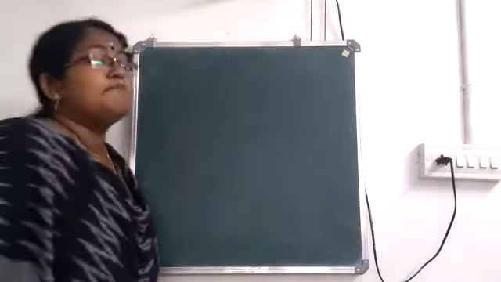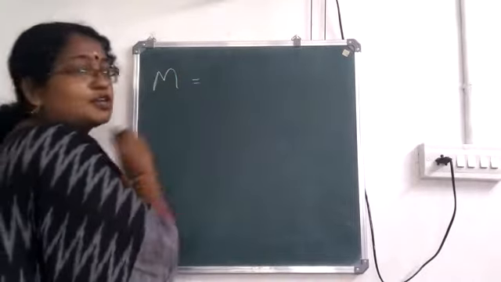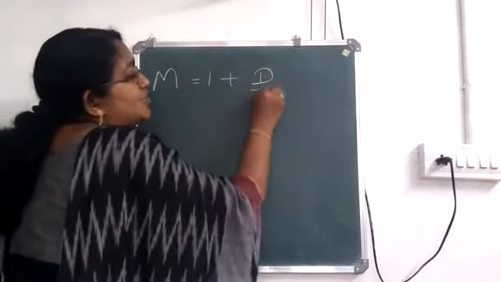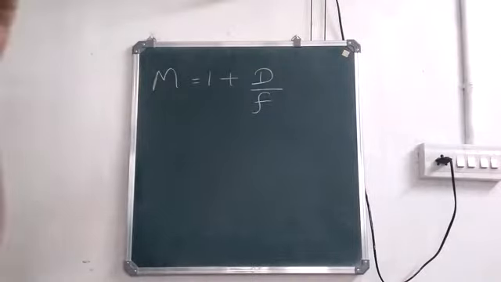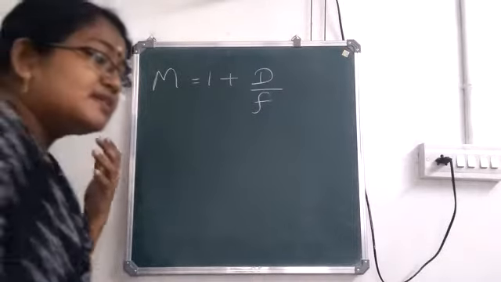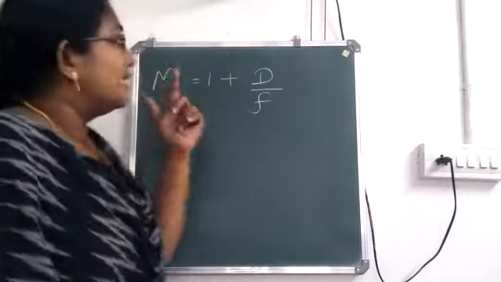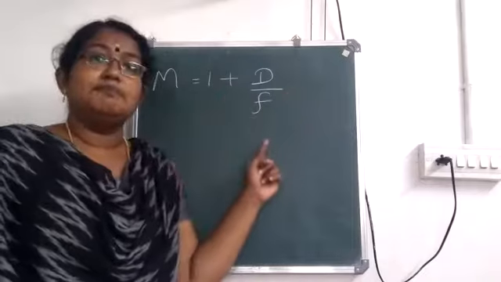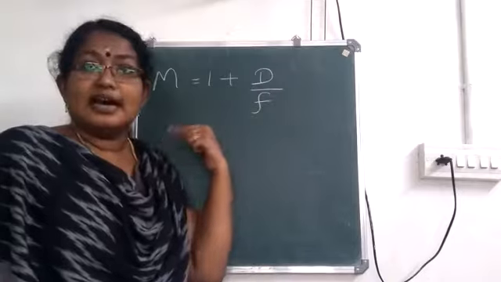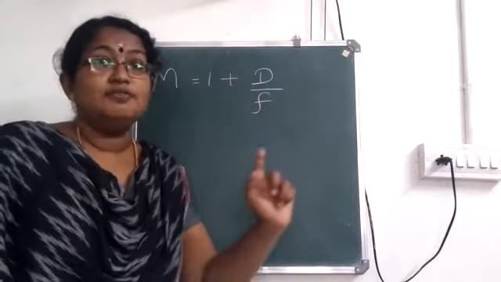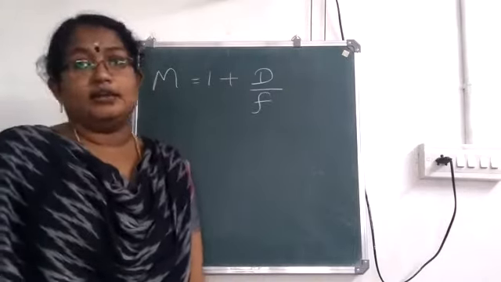Next is about the magnifying power. The magnifying power of a simple microscope is given by the equation M = 1 + D/f. How much magnifying power is there for this microscope? It can be calculated using the equation M = 1 + D/f, where M stands for the magnifying power, D is the least distance of distinct vision, which is equal to 25 centimeter for a normal eye, and f is the focal length of the lens.